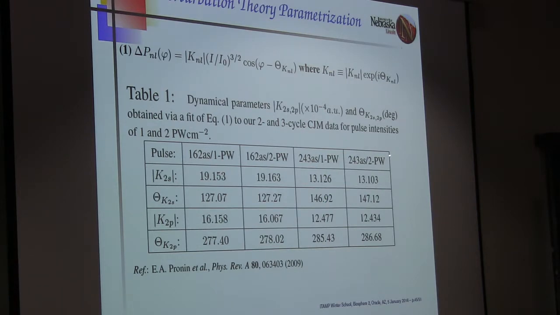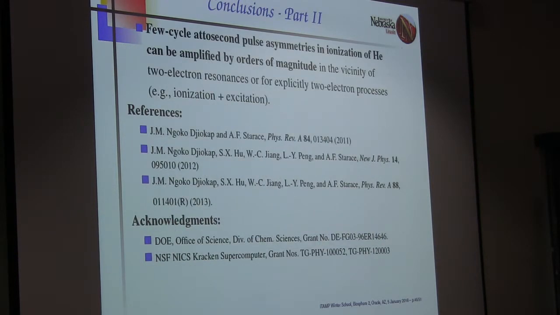So independent of the intensity, which is important because experimental pulses sometimes have varying intensities. They have an envelope. This parameterization is not sensitive to that. These dynamical parameters can be determined experimentally if one can get into this region.